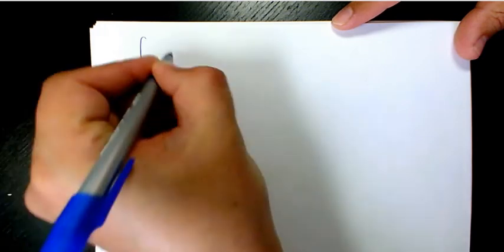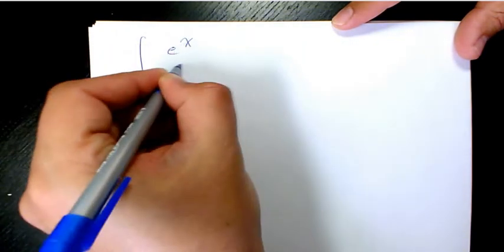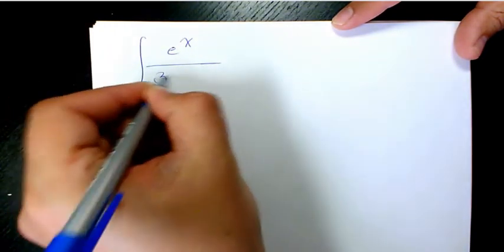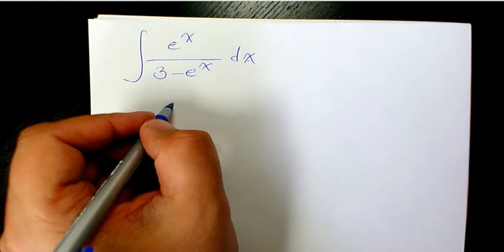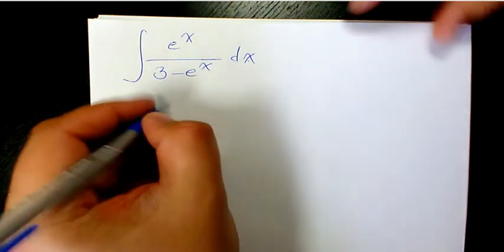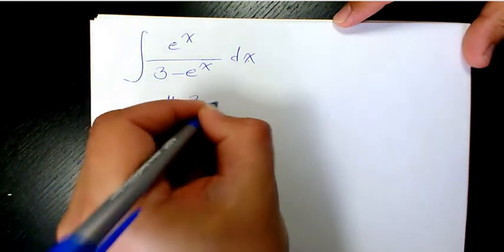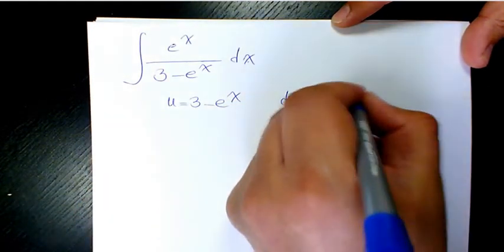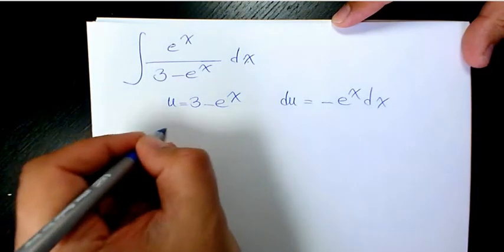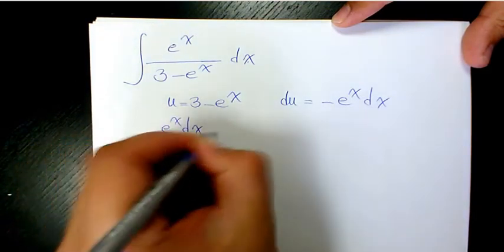Next example. e to the power of x over 3 subtract e to the power of x dx. So in this example, I can say u equals 3 minus e to the power of x. du is going to be negative e to the power of x dx. So e to the power of x dx is going to be negative du.